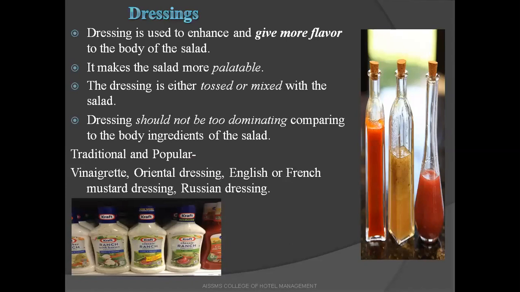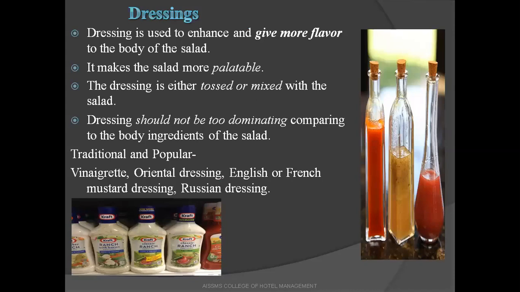Some traditional and popular dressings are vinaigrette, oriental dressing, English or French mustard dressing, and Russian dressing. As you can see in the 2 photographs, there is a bottle of spicy dressing and vinaigrette dressing, and at the bottom picture there is a thick ranch dressing.